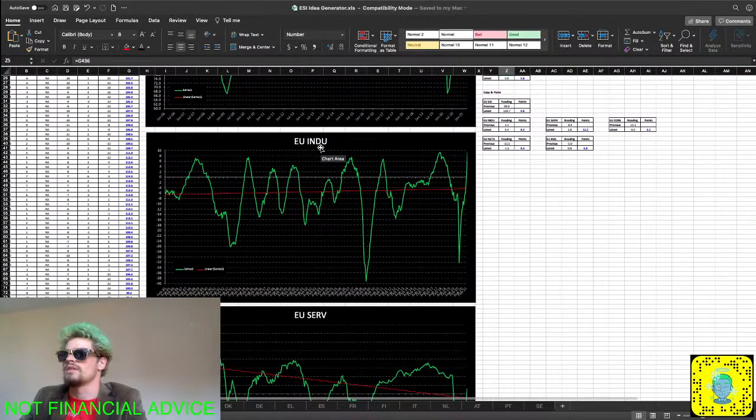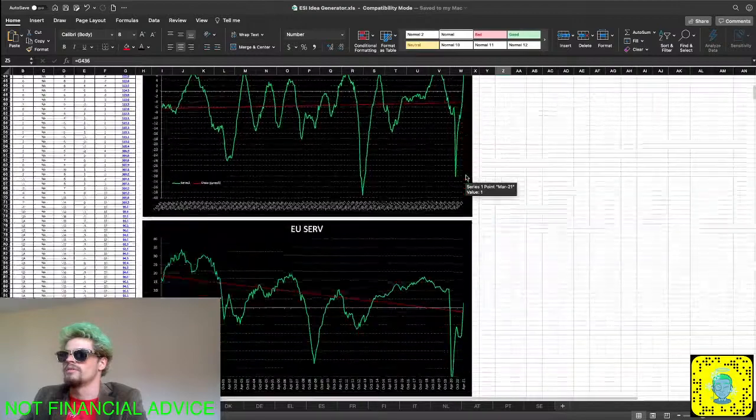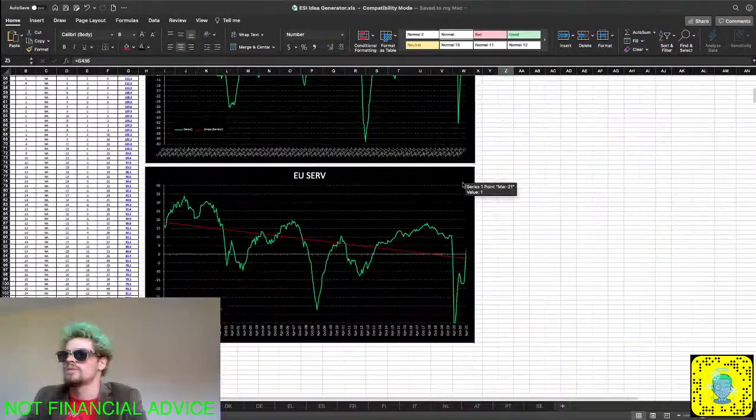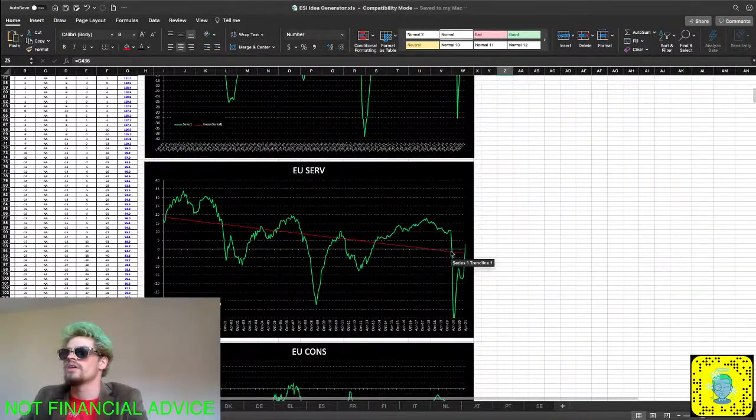So you can see that EU industrials, very good. Services all time are not good. Long term, probably don't want to invest in European service companies, but in the short term, it looks good.